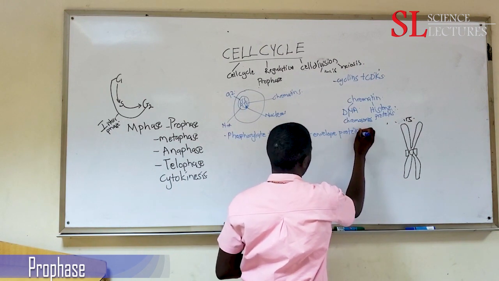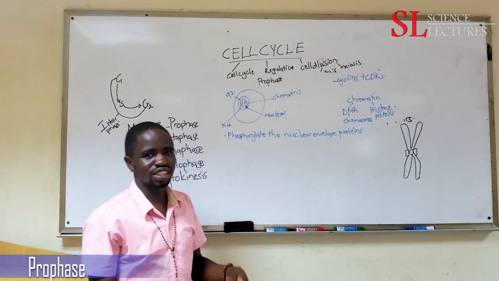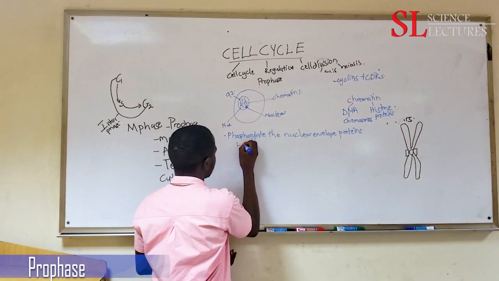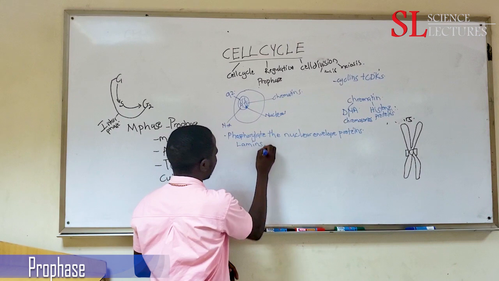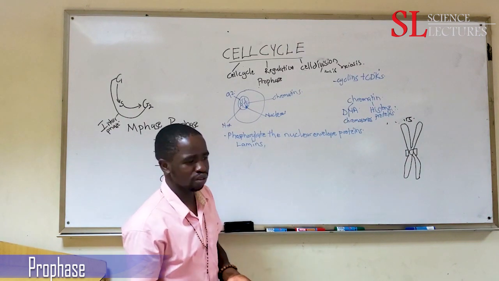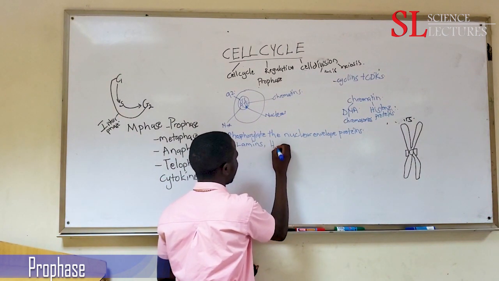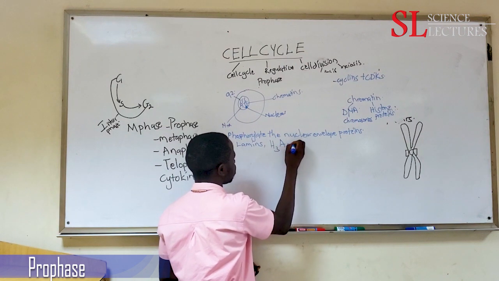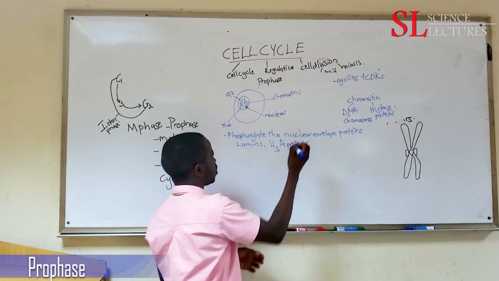The nuclear envelope proteins include things like lamins. The nuclear envelope is made up of certain proteins, and all these are phosphorylated.